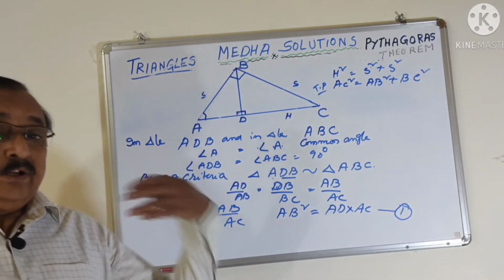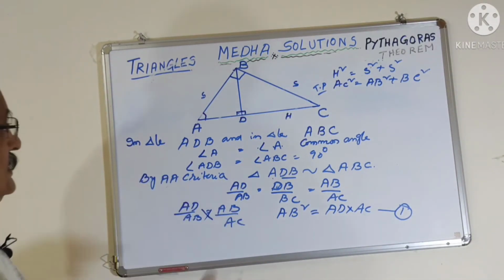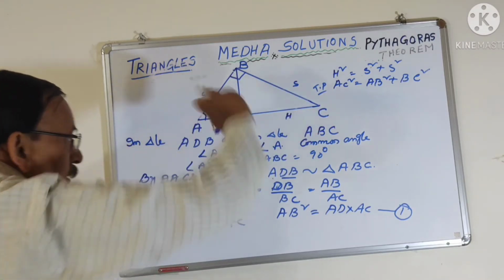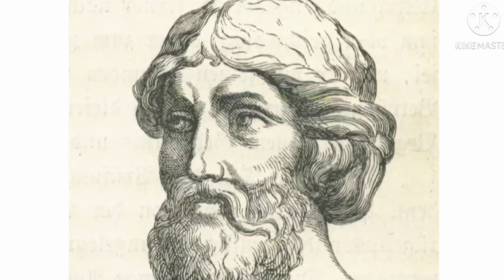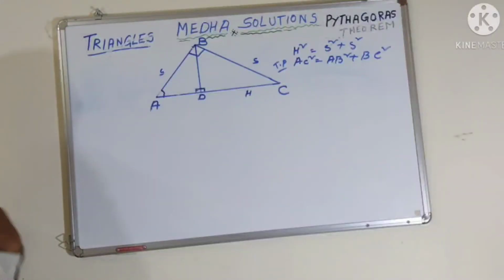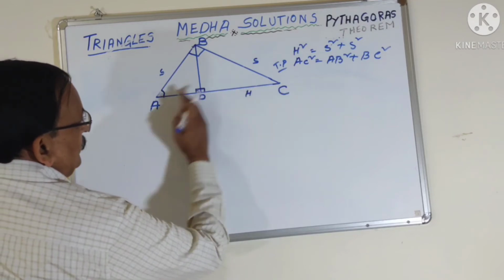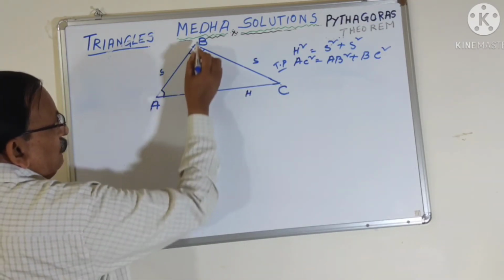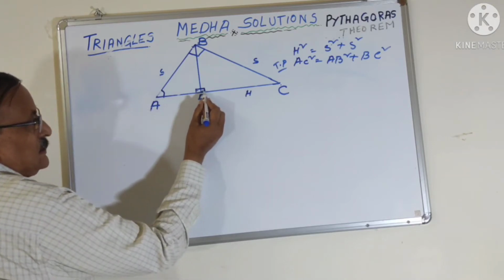Now we are going to prove this small triangle with the big triangle. Now we are taking this side triangle. See, I am starting here with CDB, in between I am writing 90 degrees.